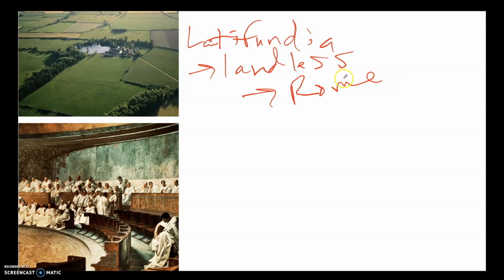Rome. So you're going to have this landless population, many of whom are soldiers, and they are going to then fall into different camps of senators to support, and it's going to lead to further political division that we will look at.